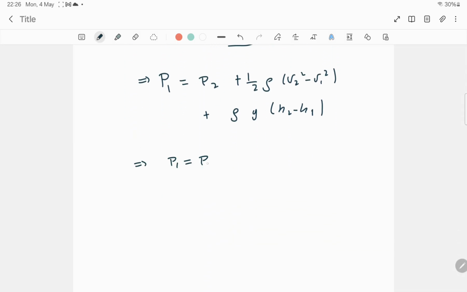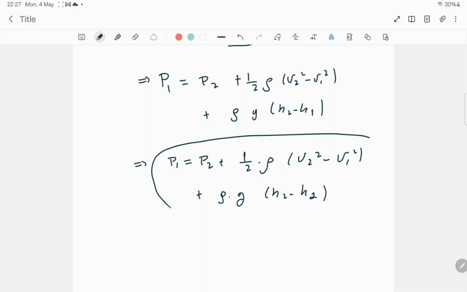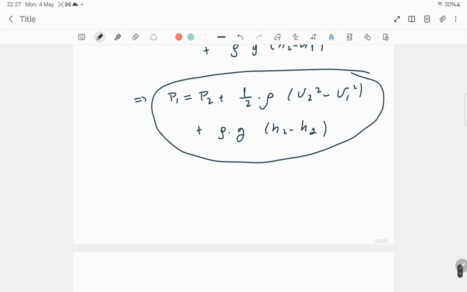So P1 is going to be P2 plus a half times rho V2 squared minus V1 squared, the difference of the squares of the velocities, plus rho times G times H2 minus H1. And you can write this formula for the pressure P1.